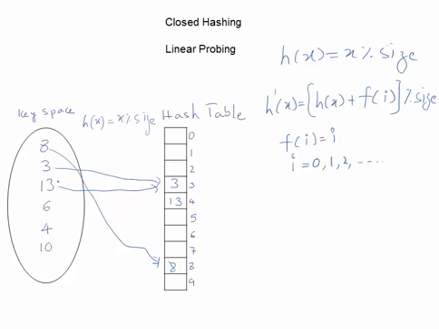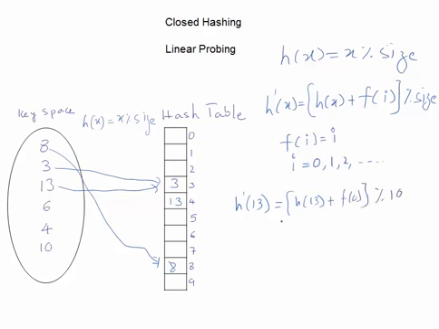Now, when we have to insert 13, then we say (h of 13 plus f of 0) mod 10. This gives us 3, but there is a collision. So next we use the same hash function for a different value of i and find (h of 13 plus f of 1) mod 10.